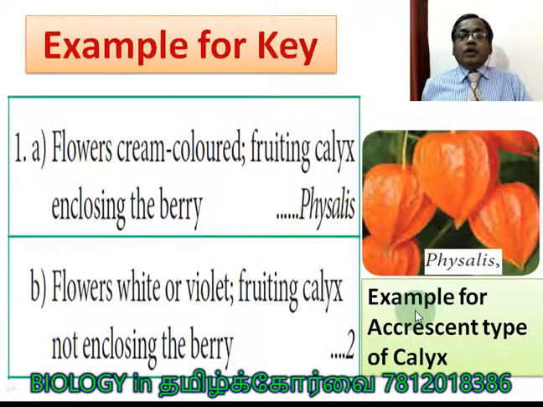It is already mentioned in our book as an example for the accrescent type of calyx. Then the B statement: already we learned there will be one contrasting statement. The contrasting statement here in the couplet is flowers white or violet, fruiting calyx not enclosing the berry. If the fruiting calyx is not enclosing the berry, then it allows you to go to the second couplet.